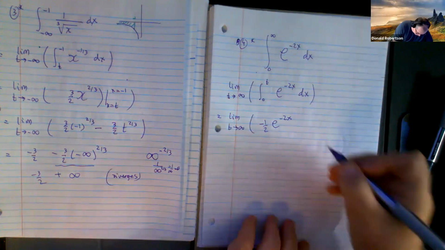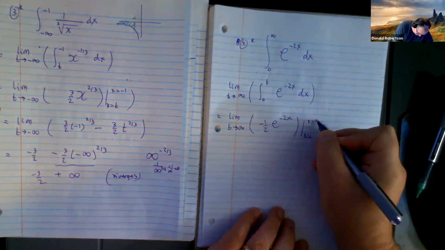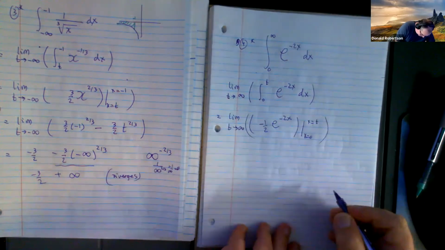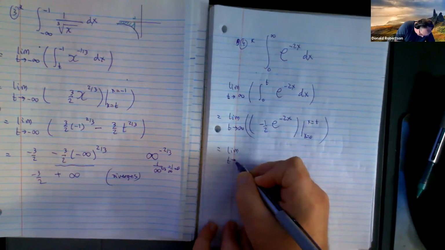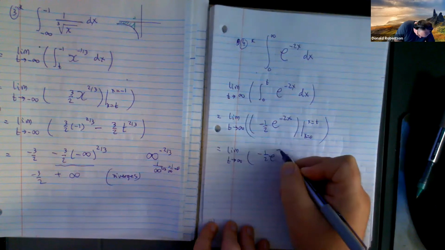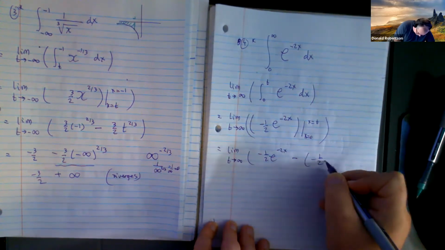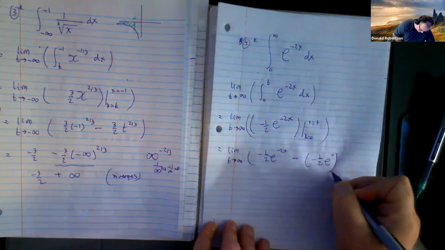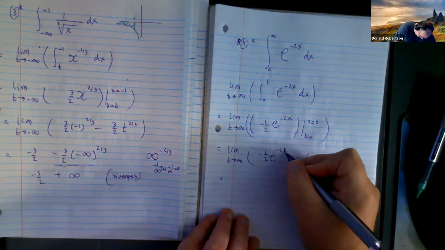And then you do from x equals 0 to x equals t, and move on to the next line. You get -1/2 e to the -2t, take away -1/2 e to the 0. And that shouldn't be a t, that should be a t there.